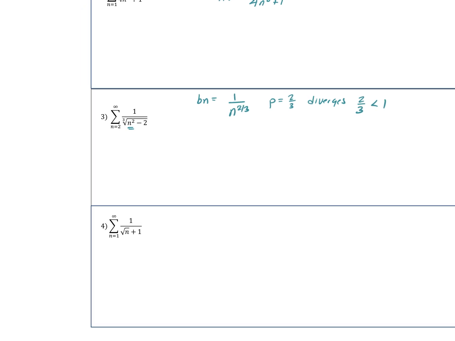So let's go ahead and do it. So it's a sub n. So we've got the limit as n goes to infinity, my a sub n. So it's 1 over the cube root n squared minus 2 divided by b sub n. So we get n to the 2/3 over 1.